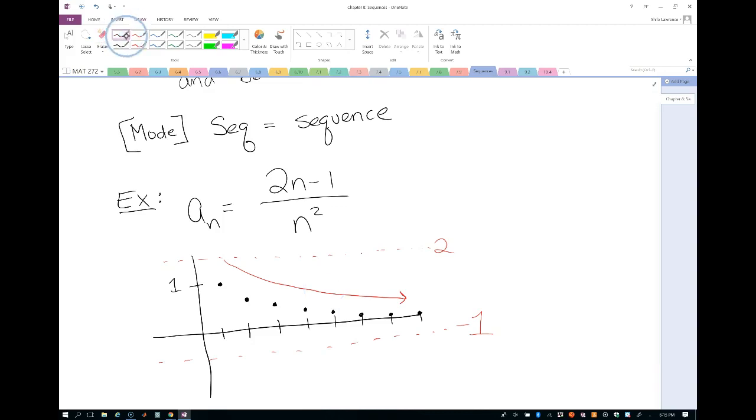We can check that algebraically by thinking of this as a function, 2x minus 1 over x squared, and calculating our derivative. We're going to have to do a quotient rule.